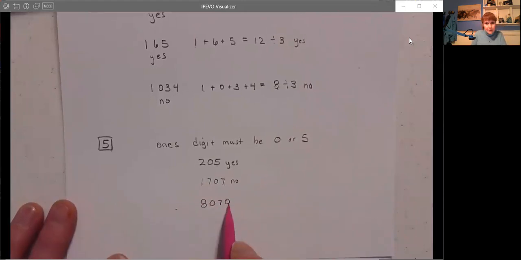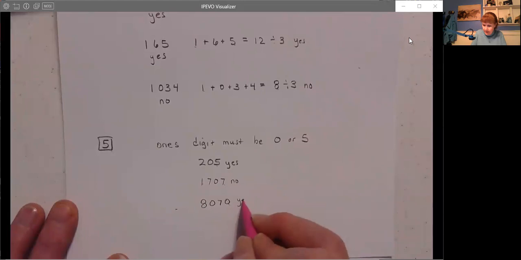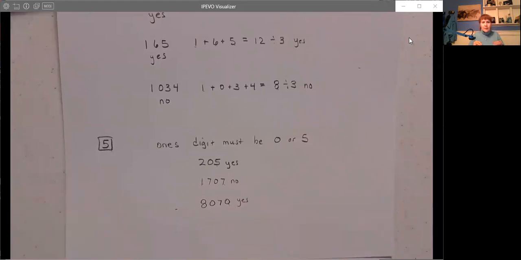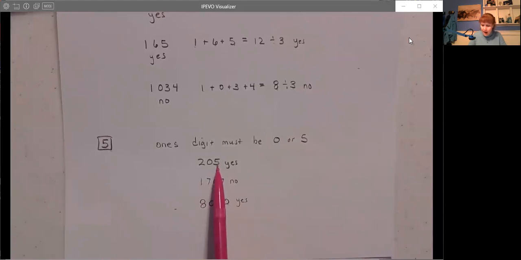The ones digit is a 0. Yes. So again, to be divisible by 5, the ones digit must either be a 5 or a 0. And then 5 will go into it evenly with no remainder. So that one's pretty easy. 2 and 5 can be done at a glance. 3 takes a little bit of work, but it's not too bad.